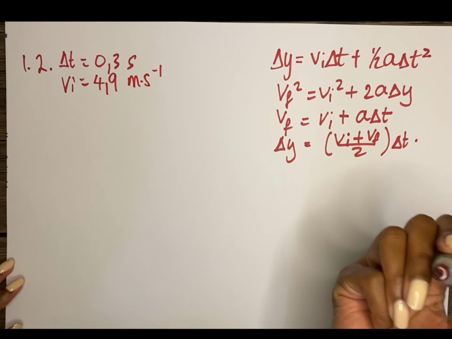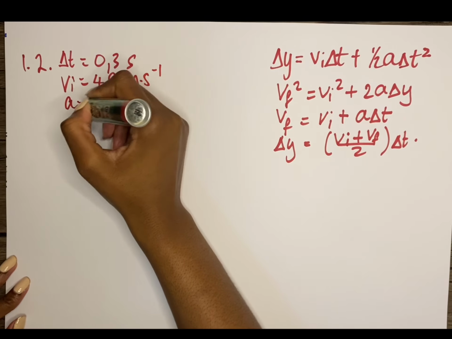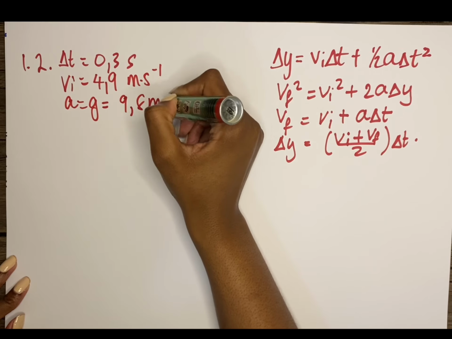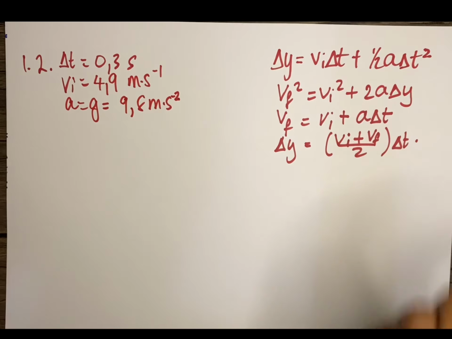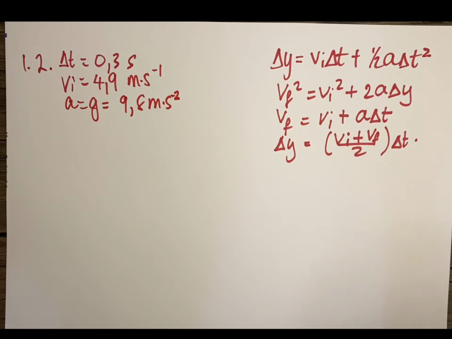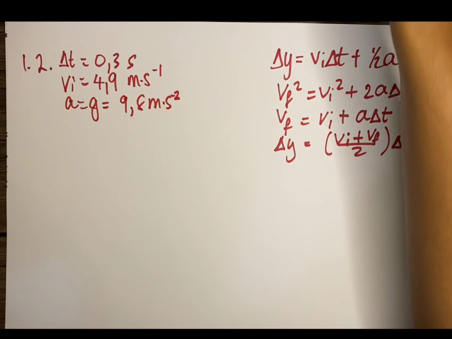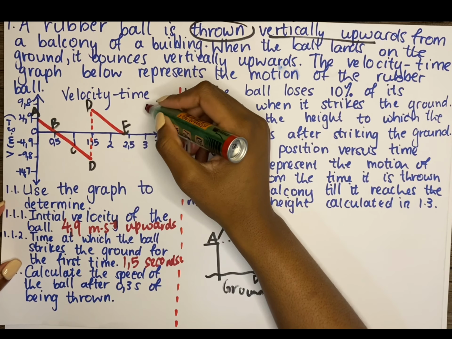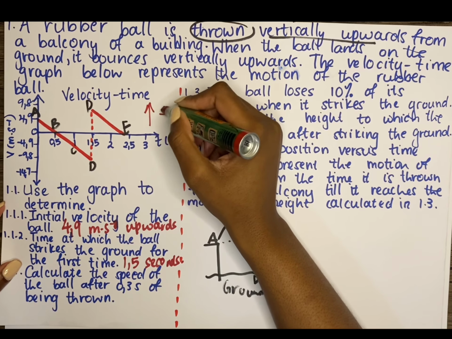What else are you given? Your a is equal to the gravitational acceleration, which is 9.8 meters per second squared. If you could remember from this graph, let me bring it back so you can see. If you look at this graph, you can see that up is chosen as positive.